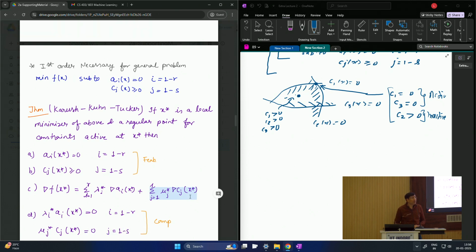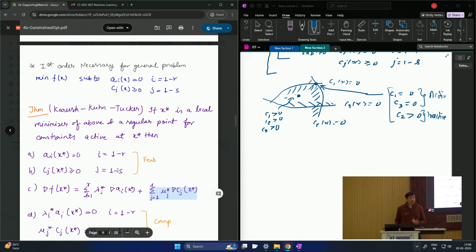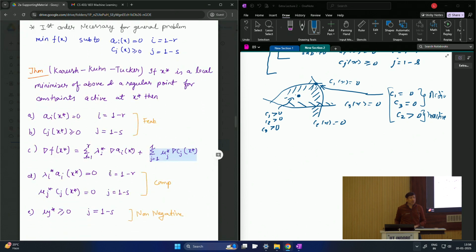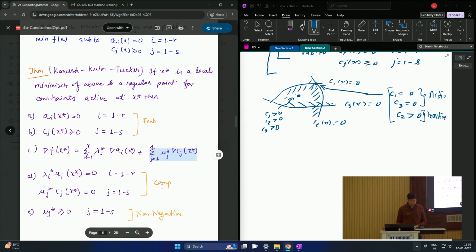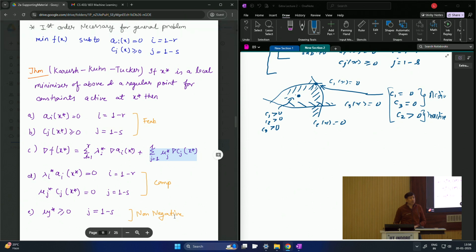Everybody okay? So A, B, C are very intuitive. They are just going from what you have seen before, in the unconstrained case or with equality constraint and now with inequality constraint. There are 2 extra conditions which get added here, which are the D and E conditions. The D and E conditions are referred to as the complementarity and the non-negativity conditions.